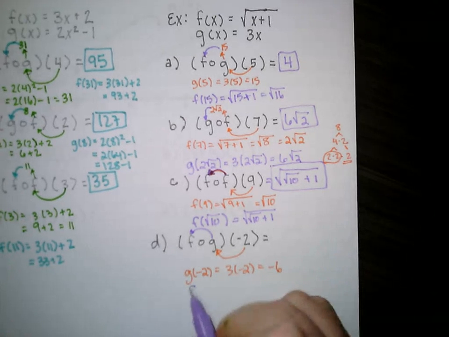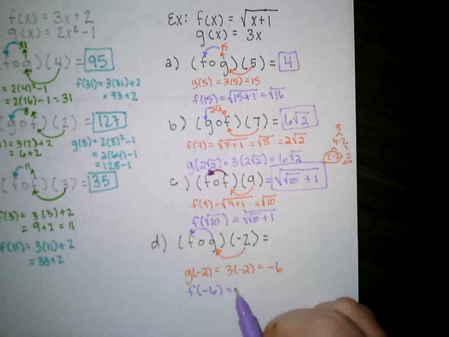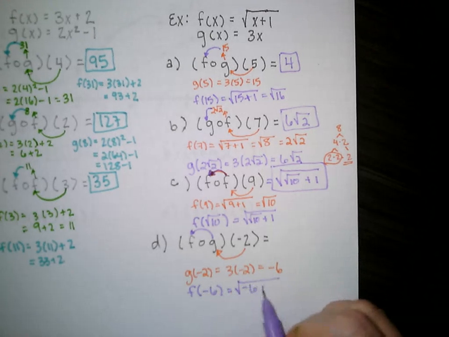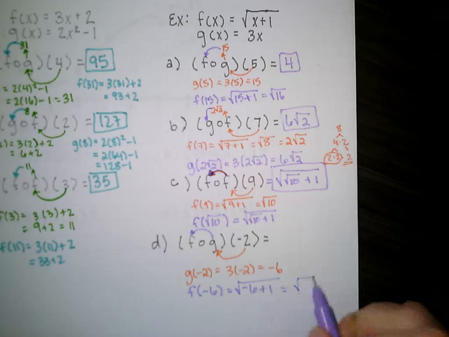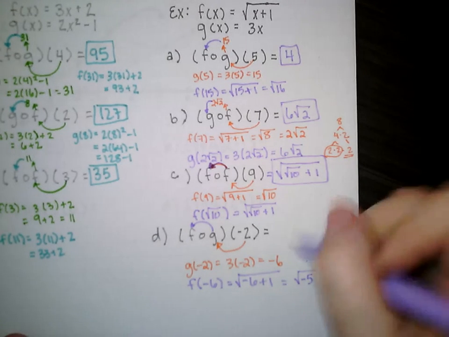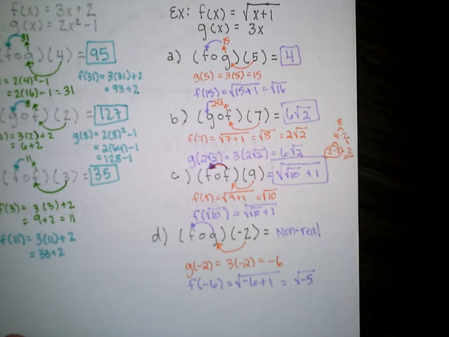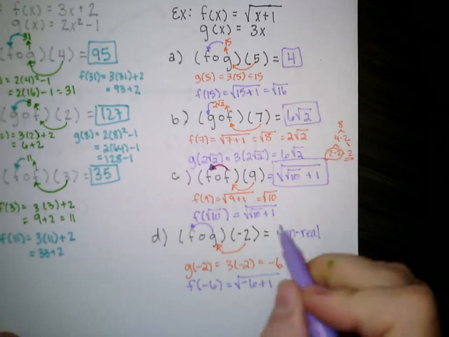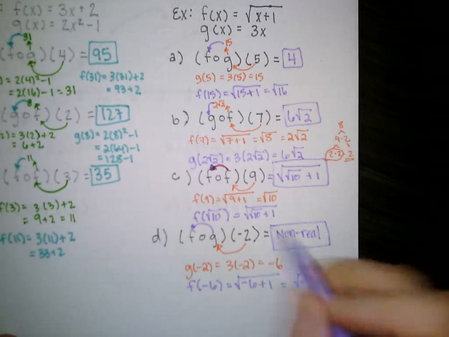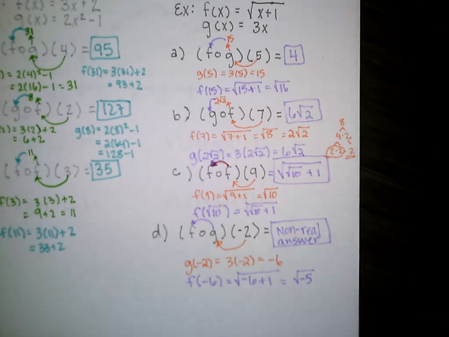And then f of negative 6 would be square root of negative 6 plus 1, which is square root of negative 5. And that is actually a non-real answer. So that wouldn't have a real answer. If they wanted an imaginary answer, we could give that to them. But for now, I think we'll just say it's not real.